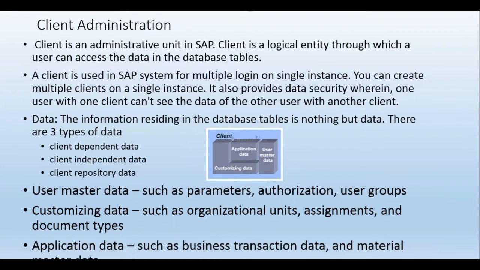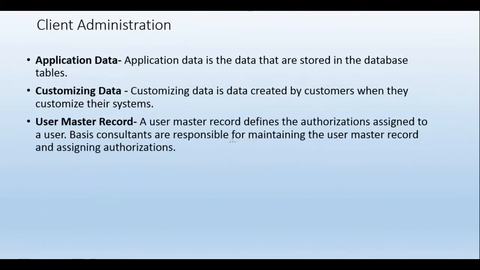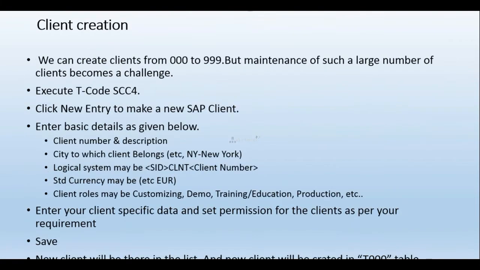Whenever you are talking about a client, what type of data will be there? You need to remember this. What type of data will be there in a client? One is customizing data, another one is application data, another one is user master data. Okay? You need to remember.